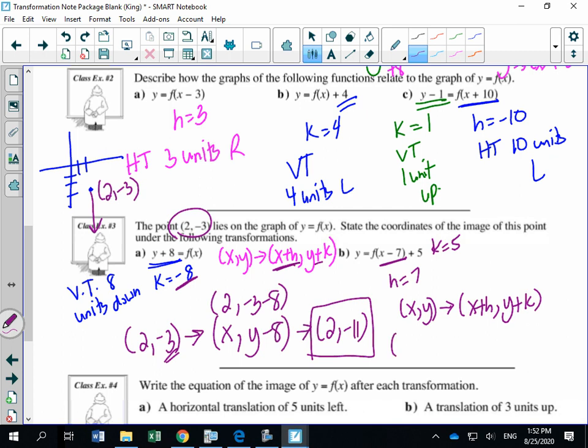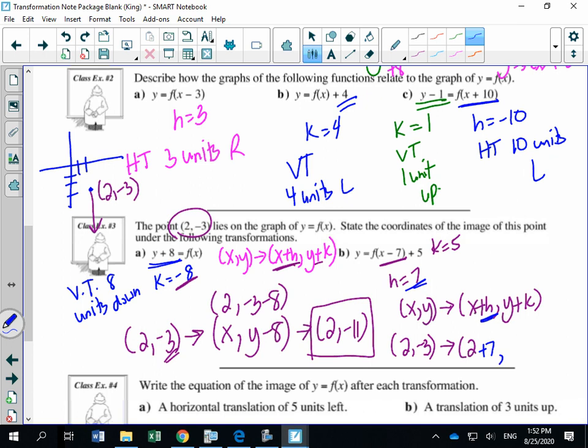So I take my point, and my point was 2, -3, and 2, and now I got to do my h value. So my h value is plus 7. So it's going to go right 7. This point will go right 7.